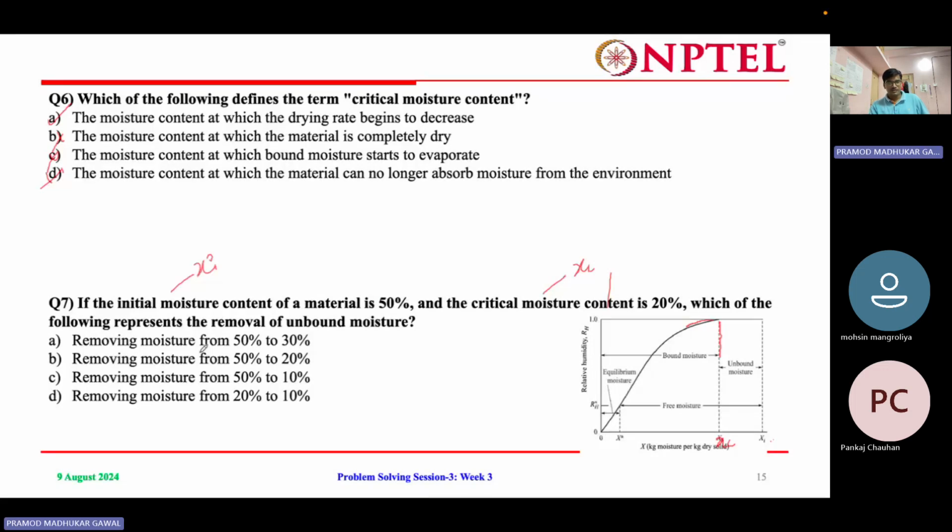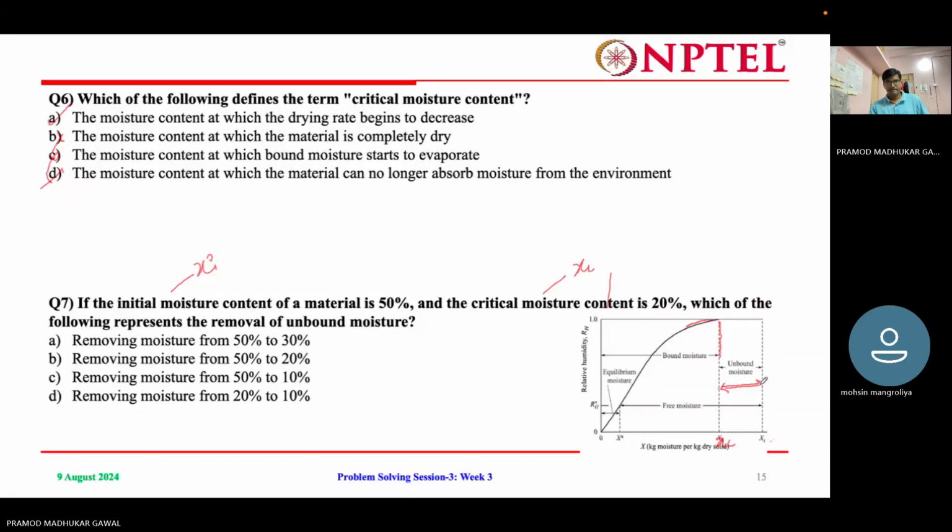Which of the following represents the removal of the unbound moisture? So here the initial condition is given as 50% and critical moisture content 20%. Based on that we have to select the options. The four options are: remove moisture from 50% to 30%, 50% to 20%, 50% to 10%, and 20% to 10%.